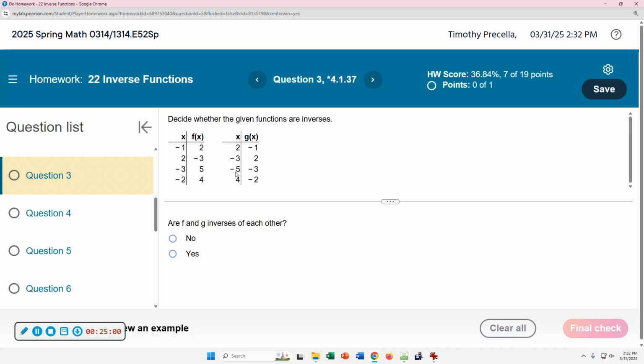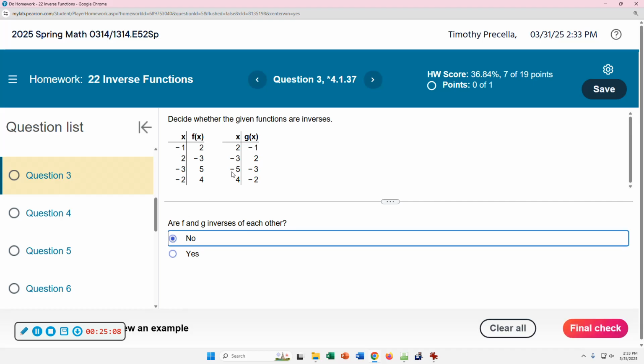That's a negative 5. So are these inverses? Did they just reverse those ordered pairs? No. Do y'all see the problem? It's the third row of the table. Negative 3, 5 should have been 5, negative 3. Instead, they made a negative 5, negative 3. So the answer is no, they are not inverses.